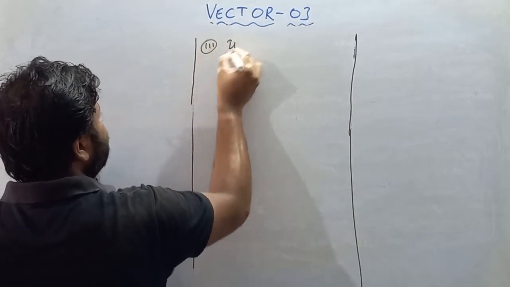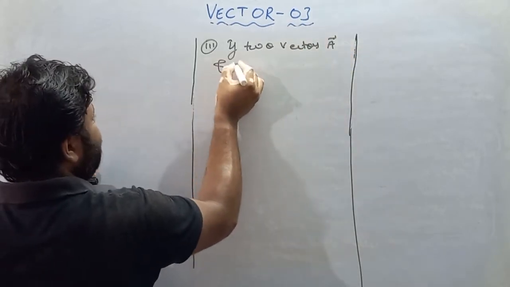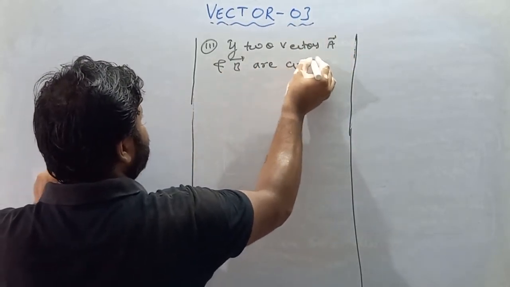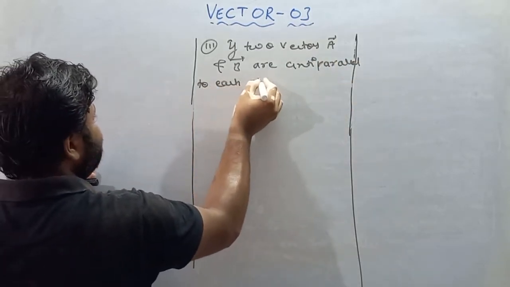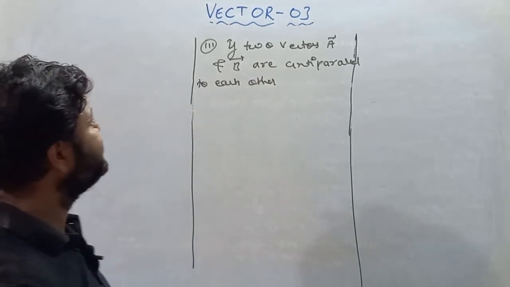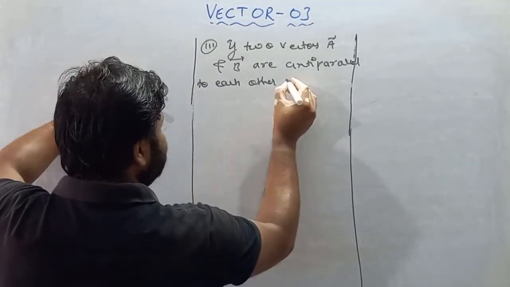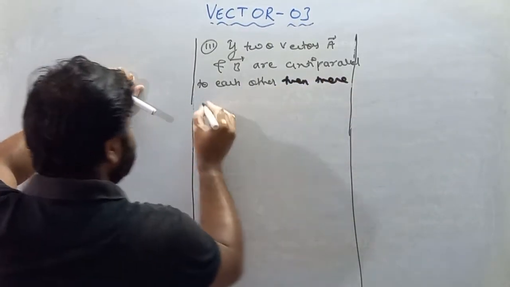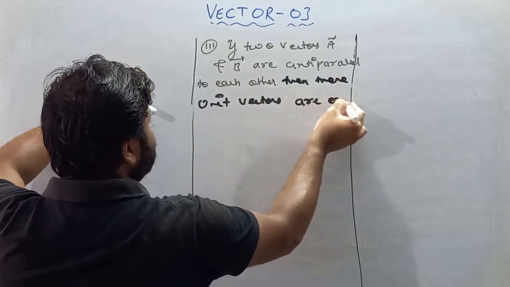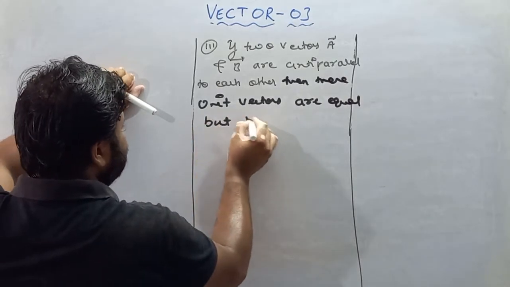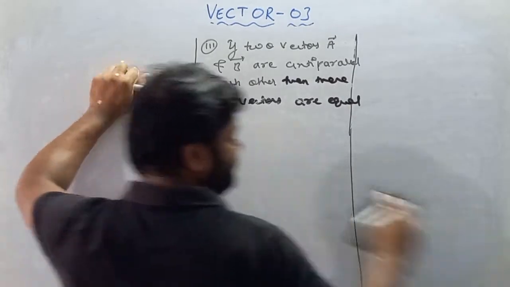The third point is, if two vectors A vector and B vector are anti-parallel to each other, then their unit vectors are equal but negative, or we can say opposite by convention to each other.